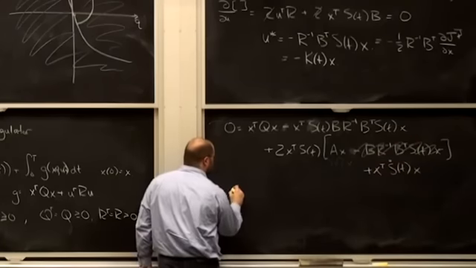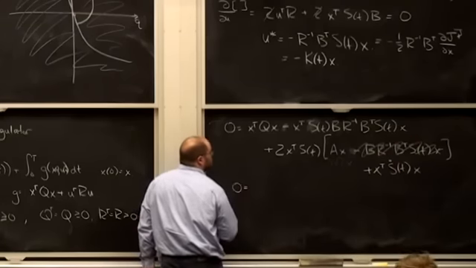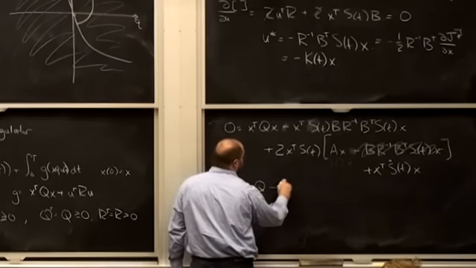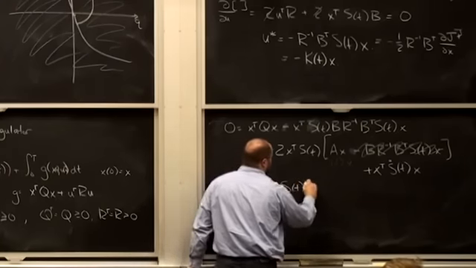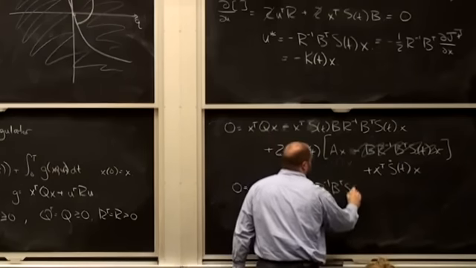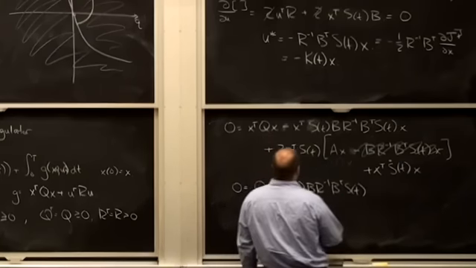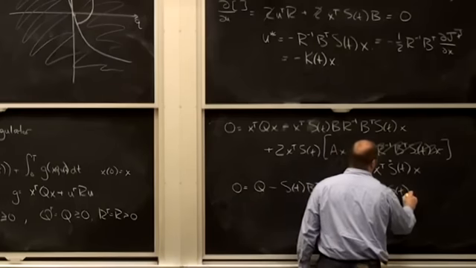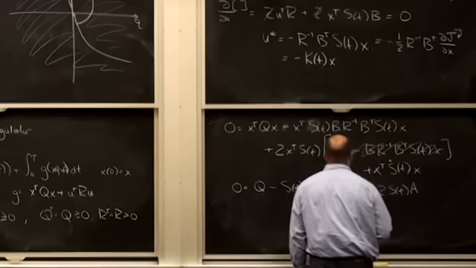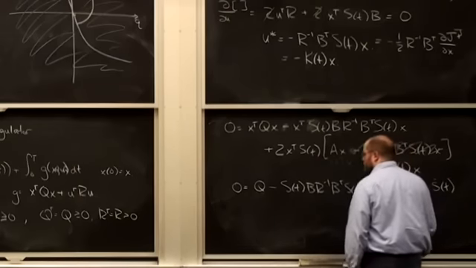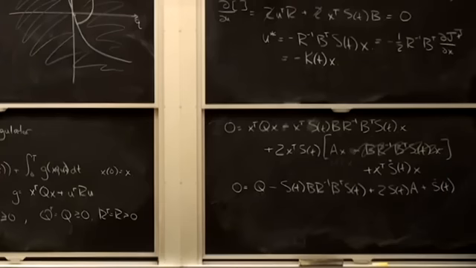So it turns out to be 0 equals Q minus S(t) B R inverse B transpose S(t) plus 2 S(t) A plus S dot of t had better be equal to 0.